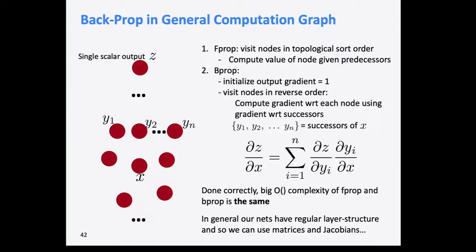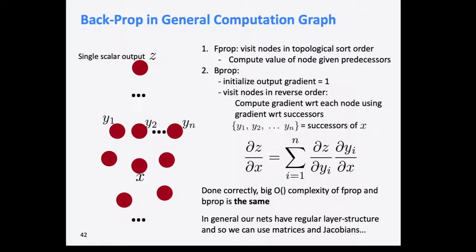Providing you have an acyclic graph, you'll be able to do that. If you have a cyclic graph, you're in trouble. Well, there are actually techniques people use to roll out those graphs, but I'm not going to go into that now.